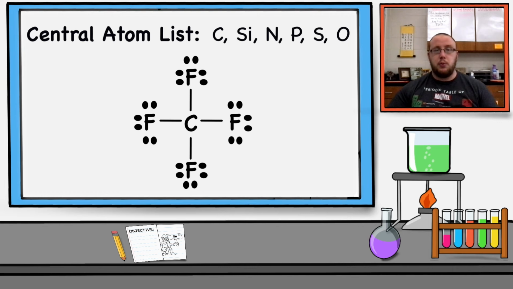Those are going to be the middle portion. If you have multiple elements that are from this list, you just go in order in which they occur. This is why we have carbon as our central atom and fluorines attached to the carbon as opposed to any other way we could have done this.